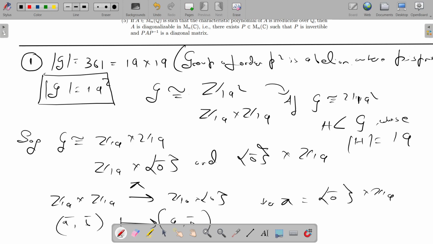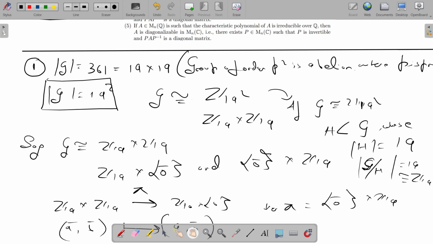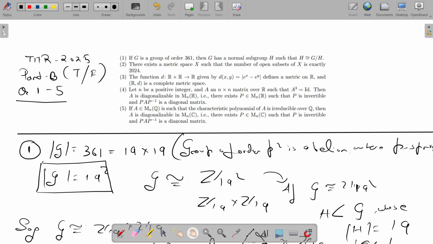Since it's abelian, this will be normal, and we can quotient by it. The quotient of G by H will also have order 19, so it will be isomorphic to Z19. So the first option is true.